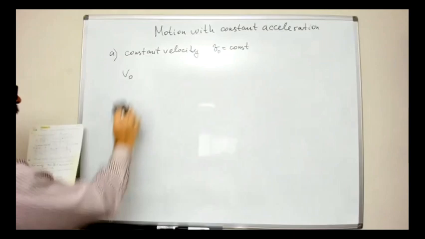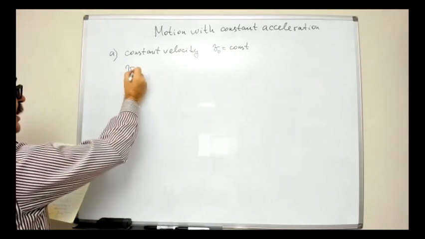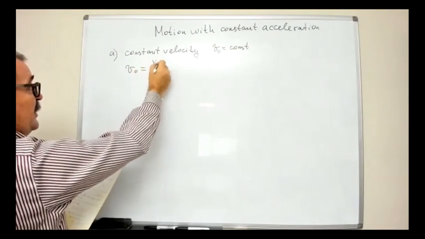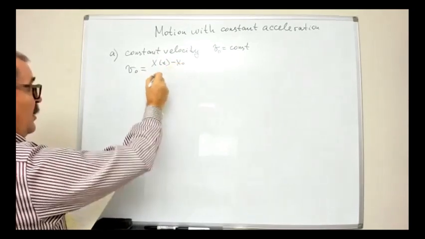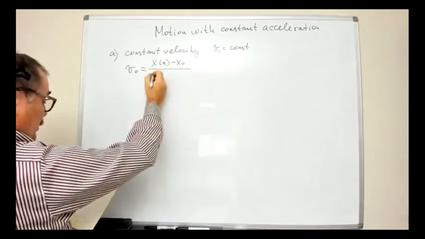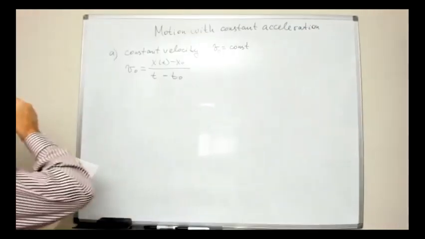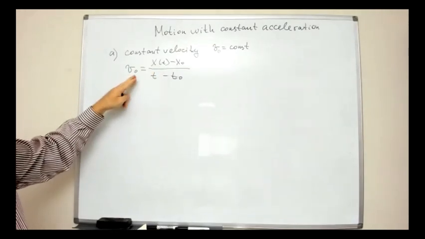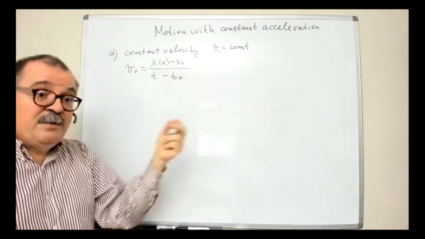So now let's write the formula for v0 using this average velocity result. It's x at time t minus initial position x0 at time t0, divided by t minus t0, right? We can write this because this formula for the instantaneous velocity works like this, because velocity itself is constant.